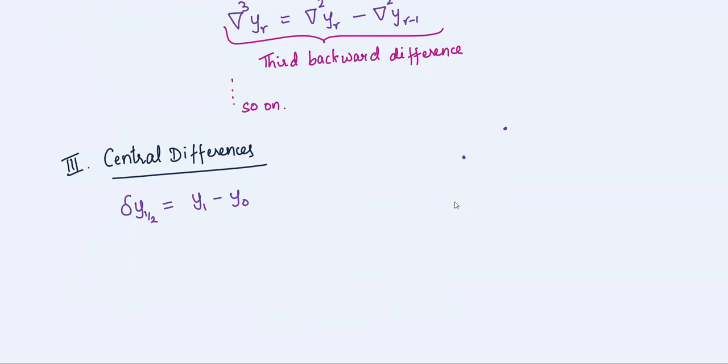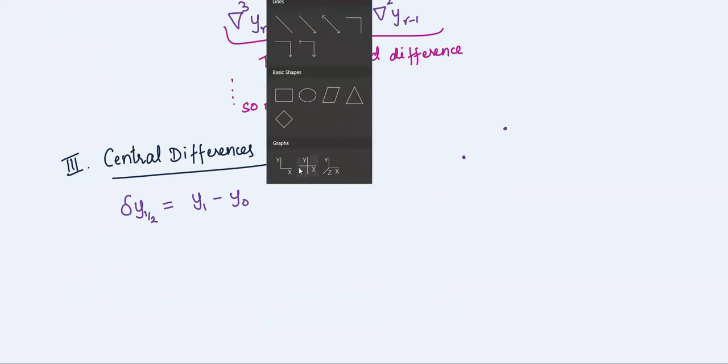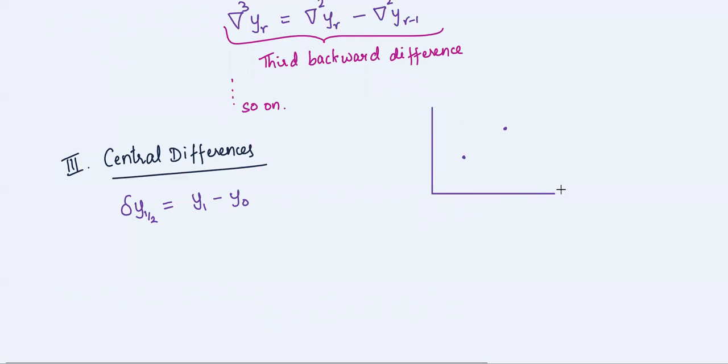Now the central difference: we have the points x0, y0 and x1, y1. At which point do we consider the difference?